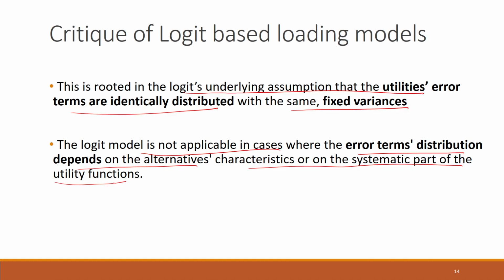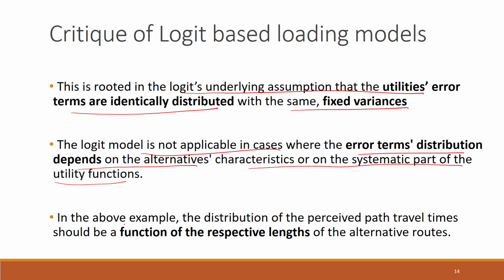For example, when the measured travel times were very high, that is, 120 minutes and 125 minutes, the variance of the error terms should have been higher, whereas the variance would be lower in the case of 10 minutes versus 5 minutes. But that kind of differentiation, having different variance in the error distribution, is not allowed when you assume the Logit choice model.